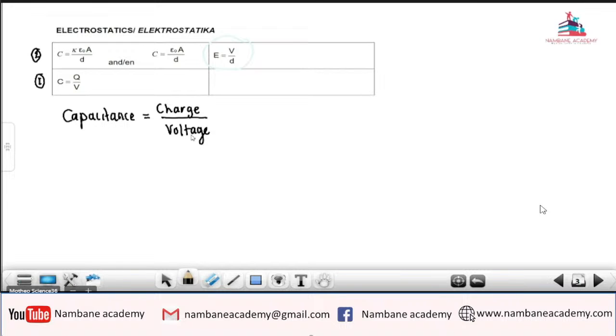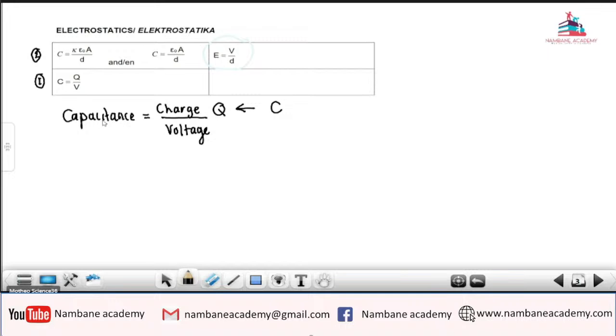I wrote it out because some students confuse Q and charge, because charge is Q, but what is the SI unit of it? It is the coulomb. So don't make that mistake where you are calculating charge and then you are using this as your SI unit.